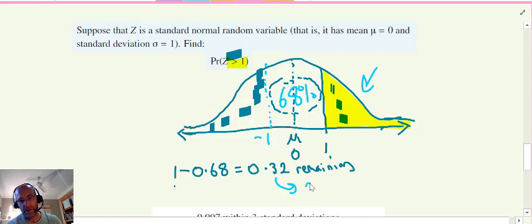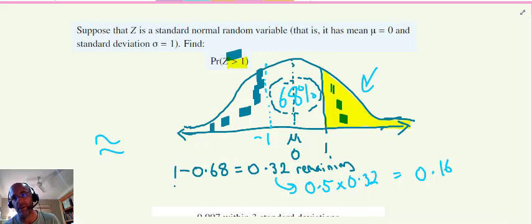So it's half of 0.32, which is 0.16, and I said before we're awfully close to that, and the empirical rule is empirical, i.e. it's approximate, right? So that makes sense, right? So I just did that without a graphics calculator. The probability is close to 0.16 if we have Z greater than 1.